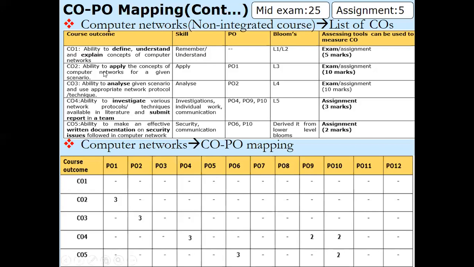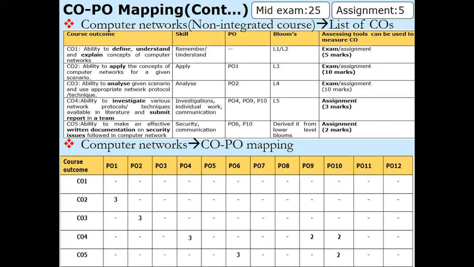Now, with respect to CO2, it is mapped with PO1, apply level, and allocated 10 marks out of 25. In the theory mid exam, how many marks? 25.